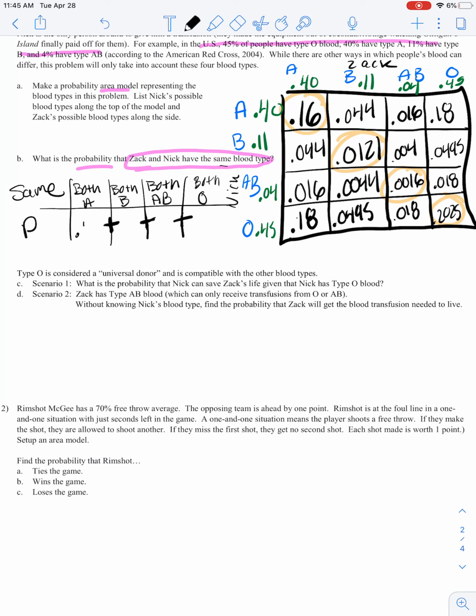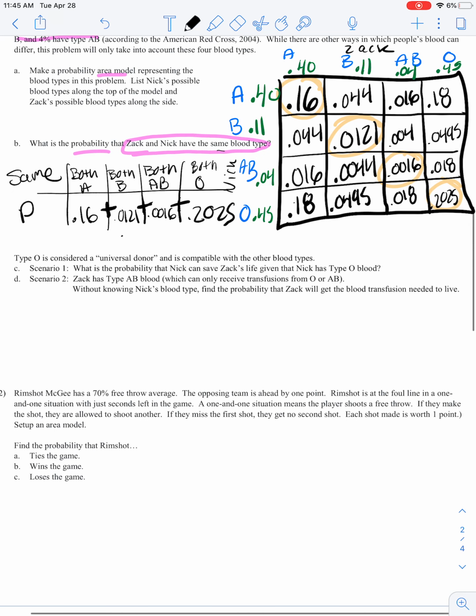So both having A is 0.16, both having B 0.0121, AB 0.0016, and both O 0.2025. So if you add those all together, you get 0.3725. So it's about a 37.25% chance they would have the same blood type and they could donate if they were wrecked and needed a transfusion.